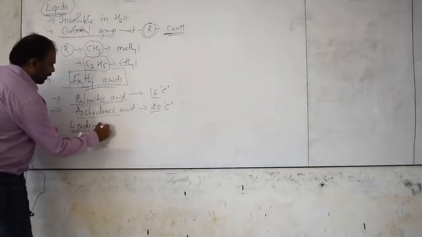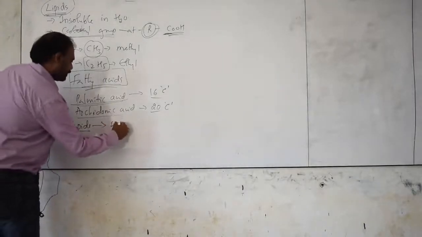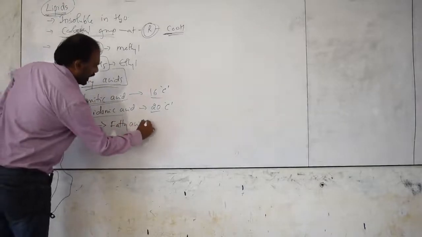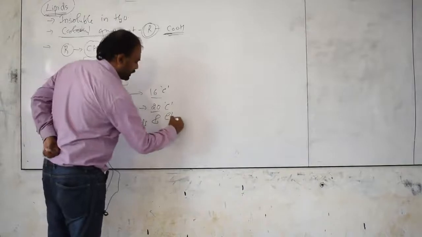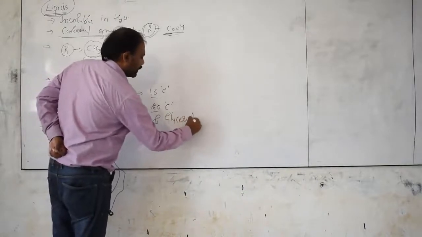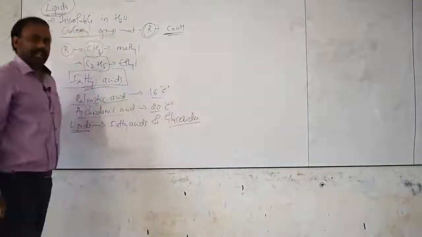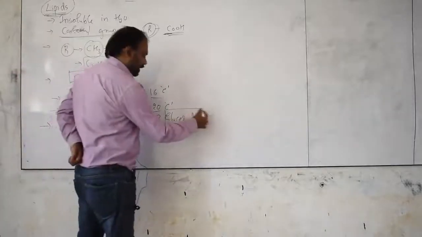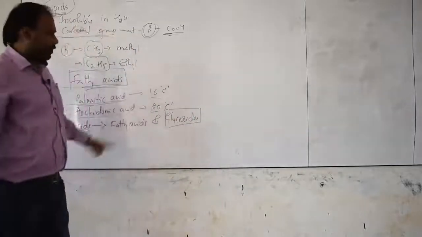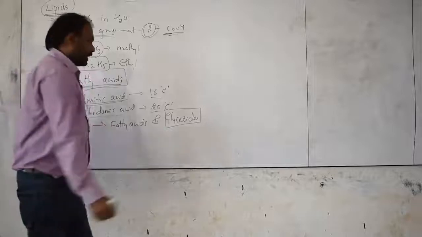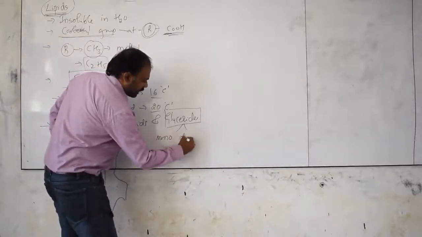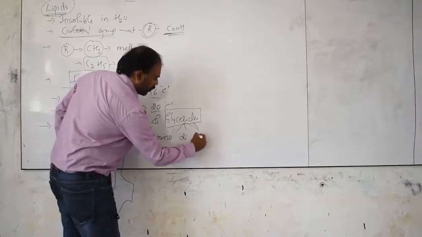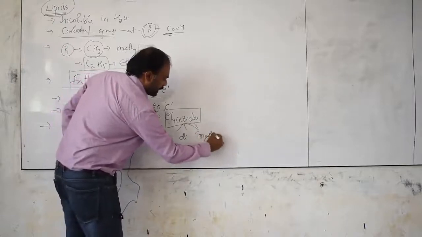Lipids are made of, as I told you, fatty acids, and they are also made up of glycerides. Based on the number of glycerides, the lipids can be classified into monoglycerides, diglycerides, and one more, triglycerides.